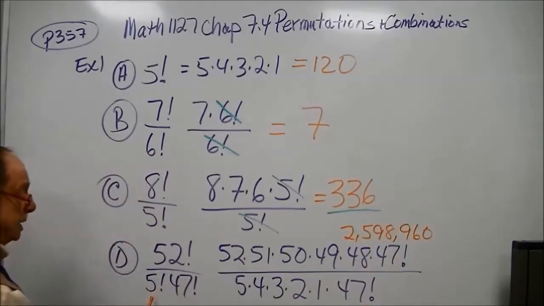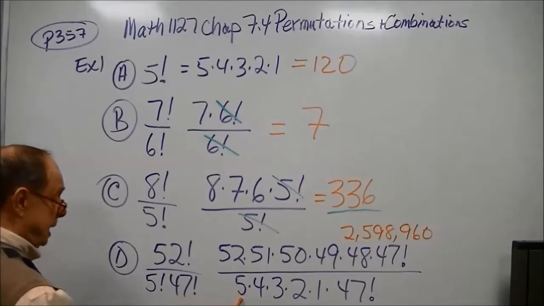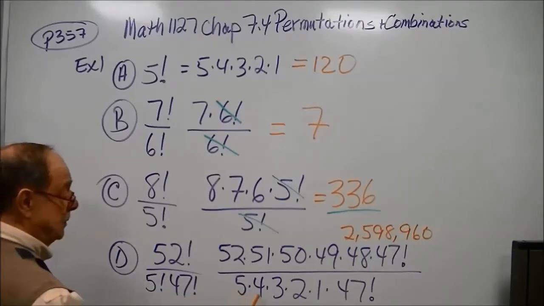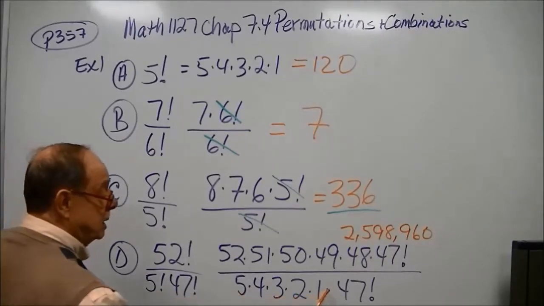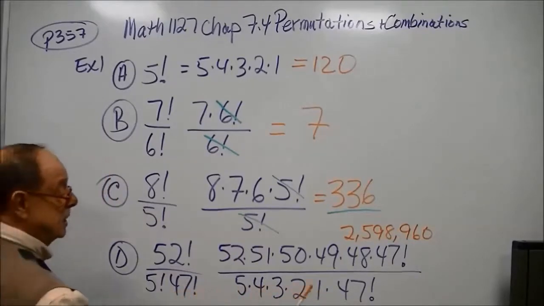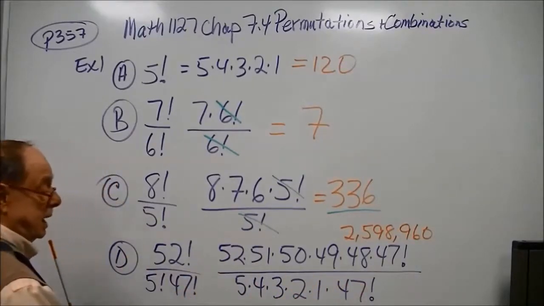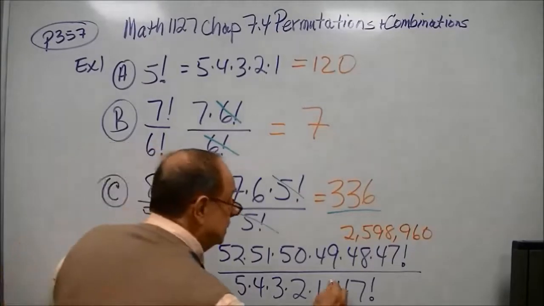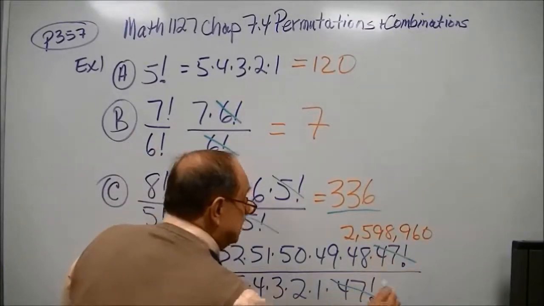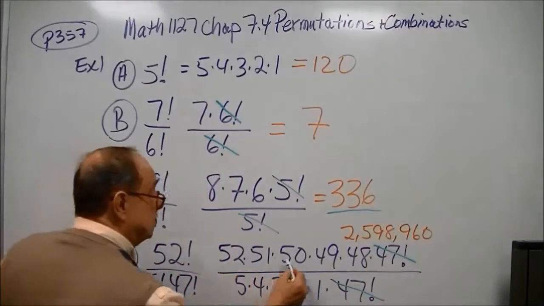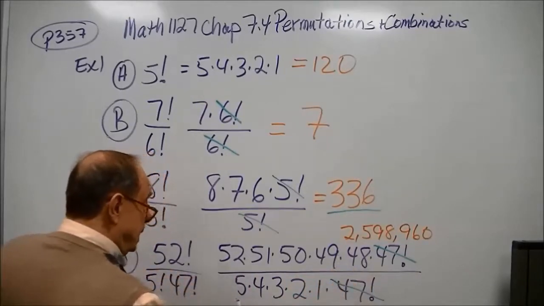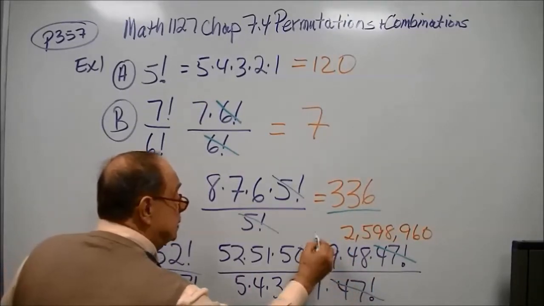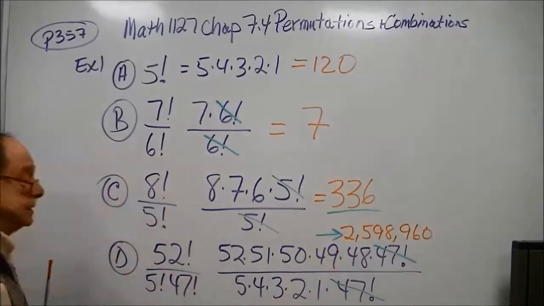And then in your denominator, you're going to go 5 factorial, which is 5, 4, 3, 2, 1, times your 47 factorial. And now these cancel out. And if you multiply all of this by this, you get that as an answer.